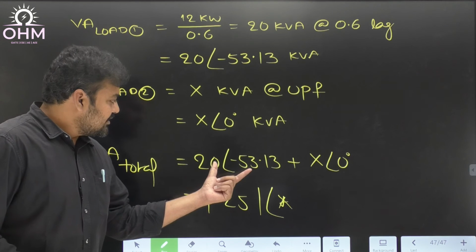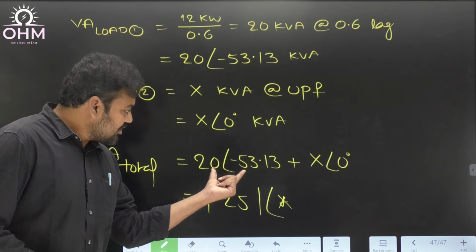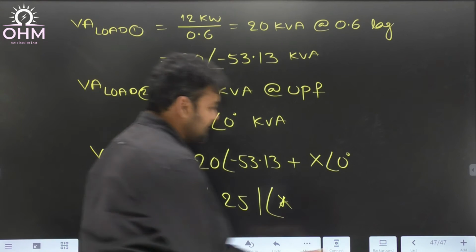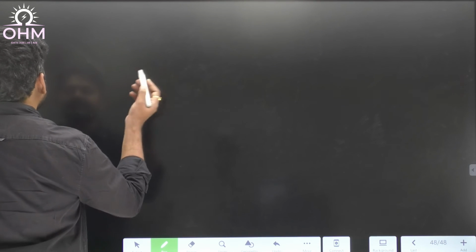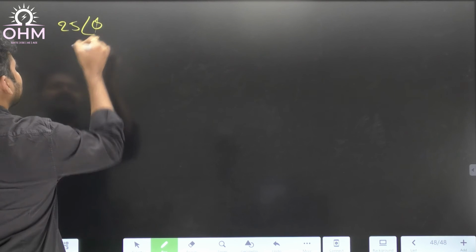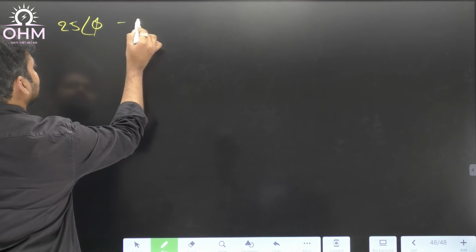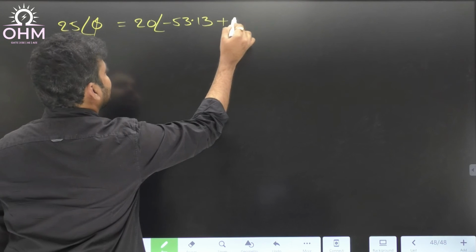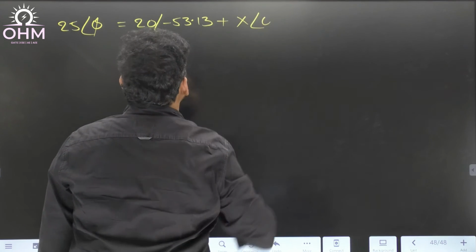So, how to achieve this? Therefore, I separate this polar form into rectangular form. 25 at a different phase angle, I am assuming phi, is equal to 20 at an angle minus 53.13 plus X at an angle 0.